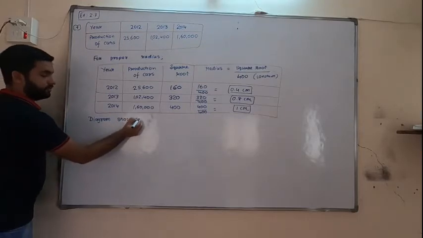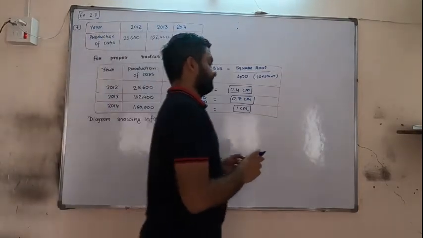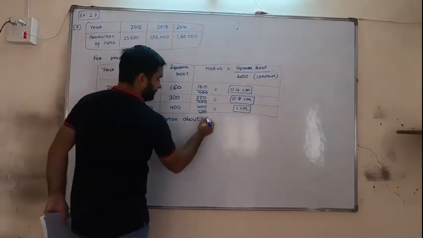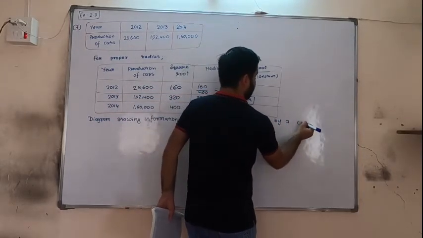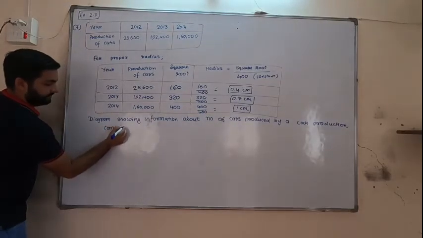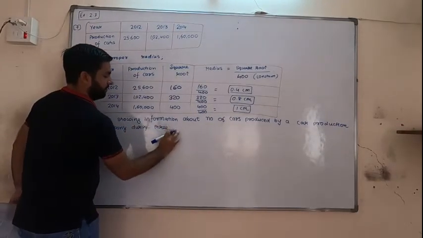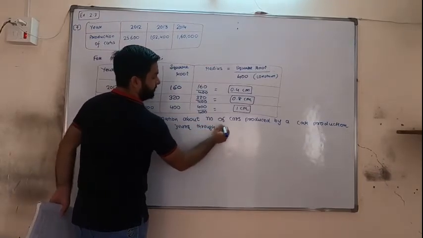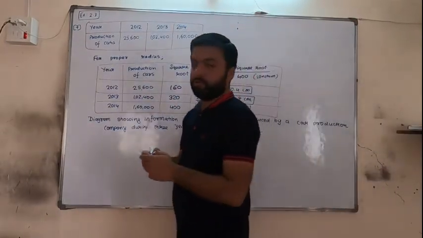Diagram showing information about number of cars produced by a car production company during 3 years through circle diagram.